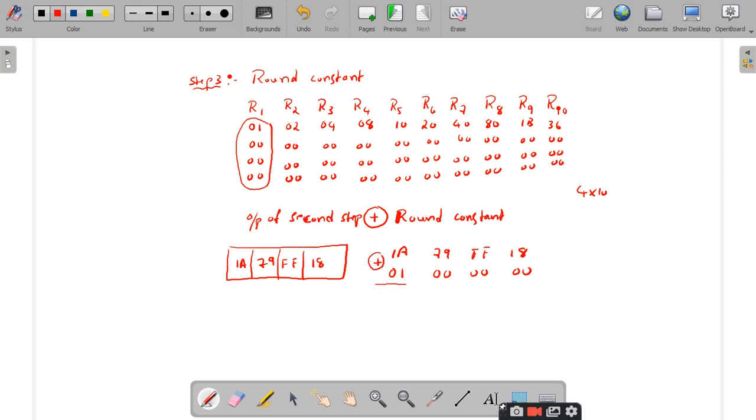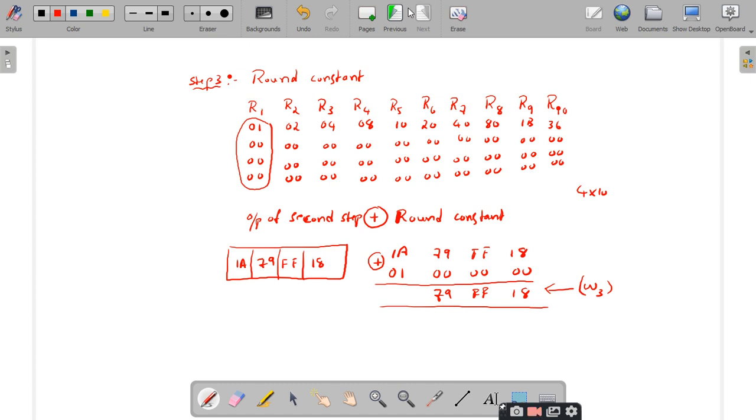I have to perform the XOR operation, right? So this remains as it is. So this will change. So the resultant will be, what is this value? This is the resultant of the transformations that are applied on W3.